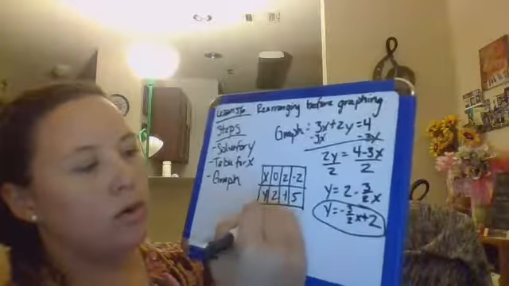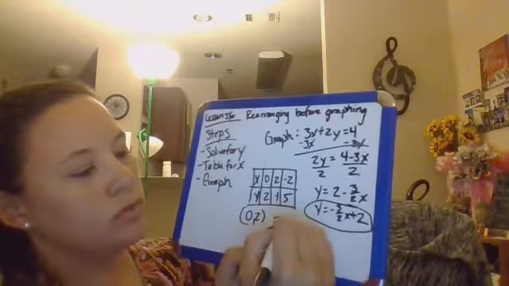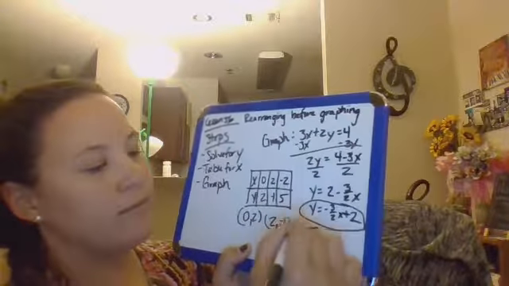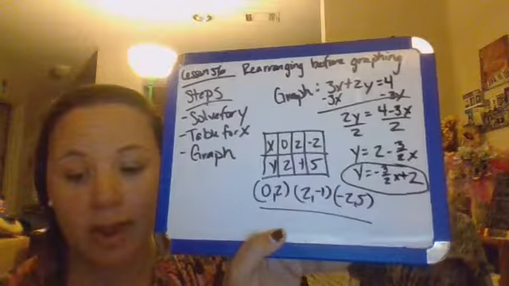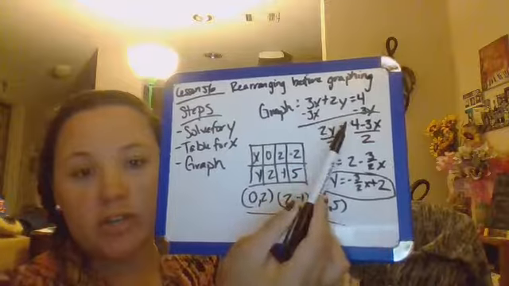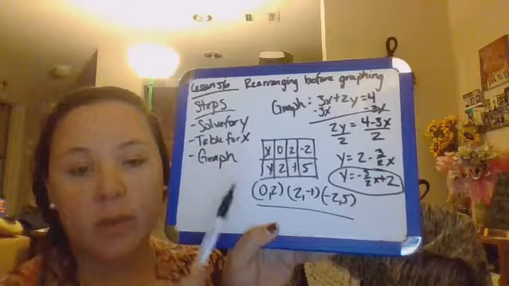So our ordered pairs are (0, 2), (2, negative 1), and (negative 2, 5). That's what we graph. I don't have room, so I'm not going to graph it, but that's how we do it. First we rearrange to solve for y, set up our table, and then graph our points.